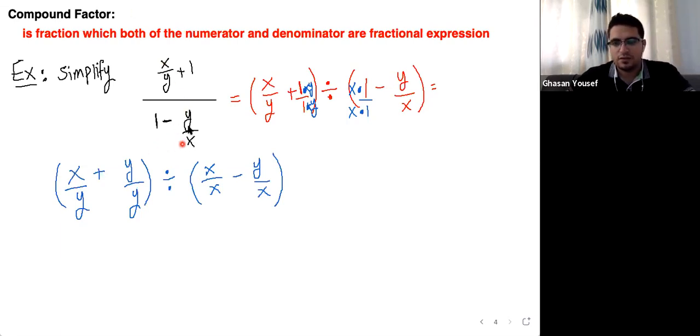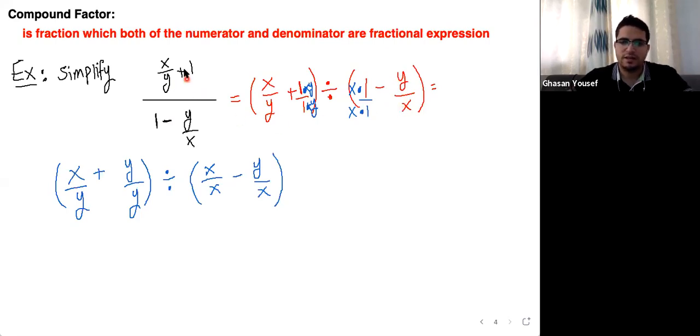Let me repeat what I said. If I have a fraction in the numerator and another fraction in the denominator, my goal is to make all this as one fraction. First of all, we rewrite these as x over y plus 1 inside parentheses, I change the fraction bar to a dividing sign, then I rewrite 1 minus y over x.